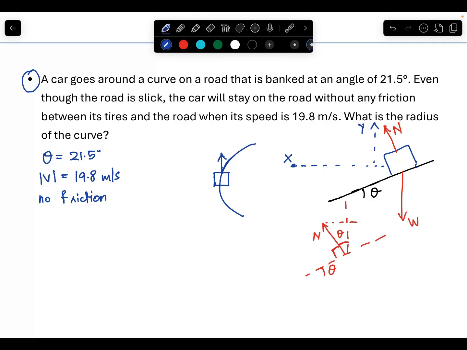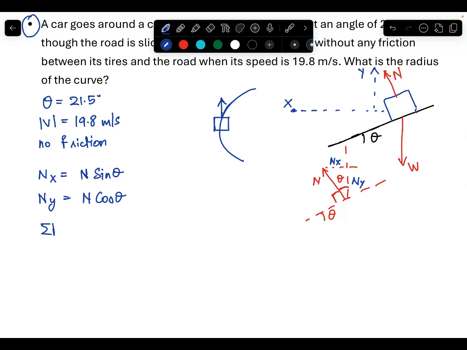So similarly, just stretching that using trigonometry, I can say Nx is equal to N sine theta, and Ny is equal to N cosine theta.